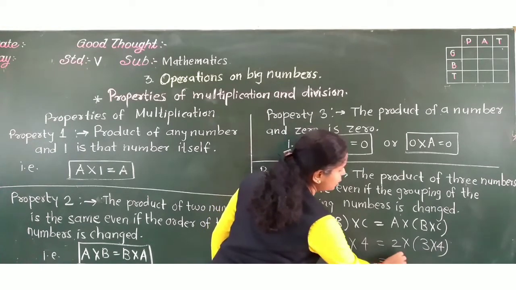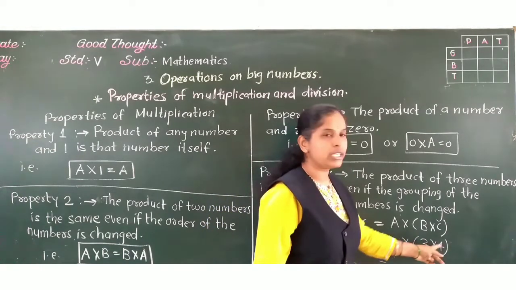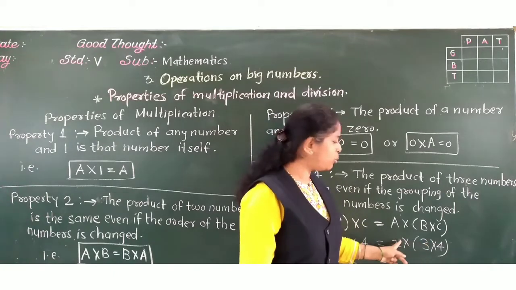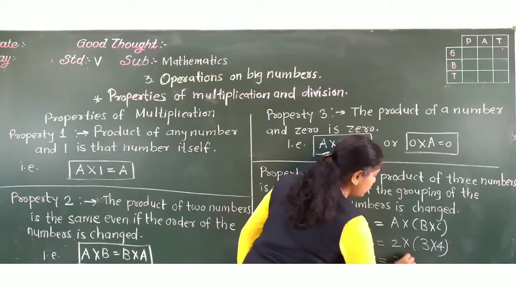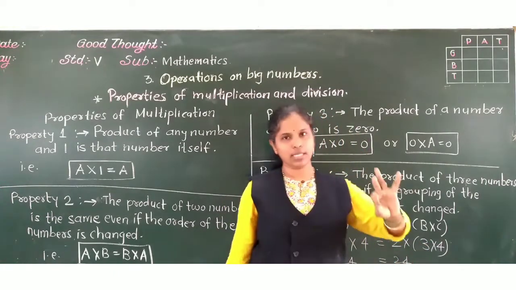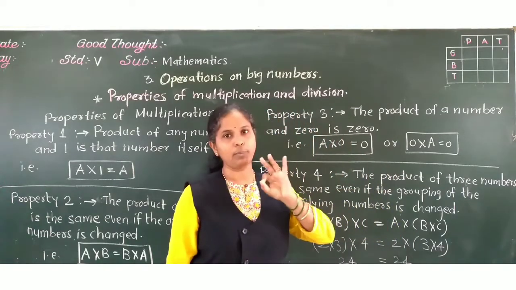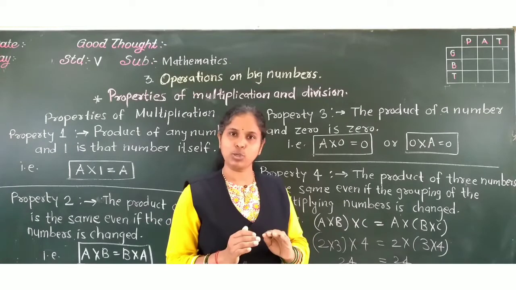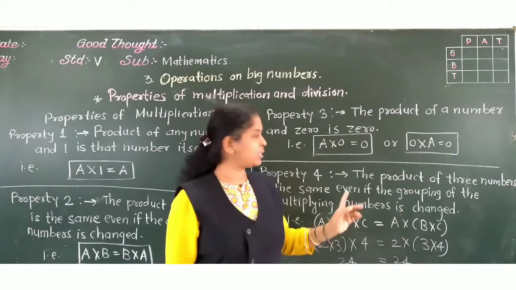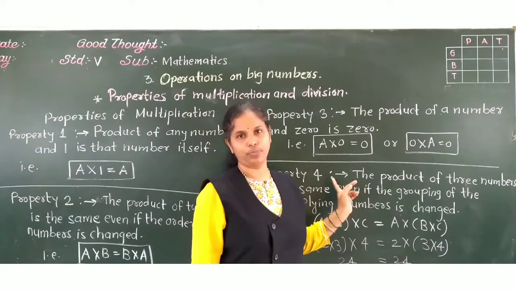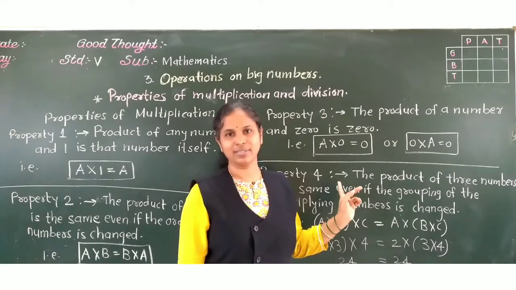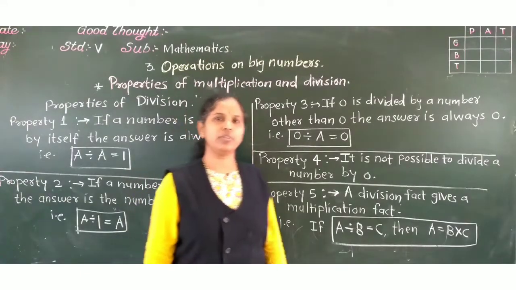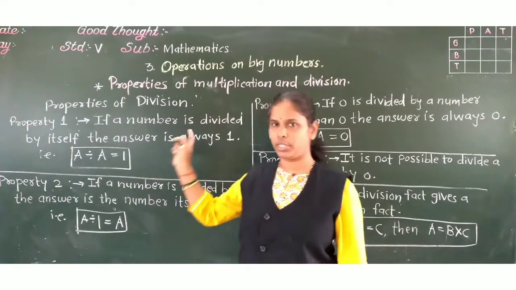Now here, 2 into 4, 3s are 12 and 12 2s are 24 only. That means if three numbers are there and we take their product, after changing their groups we also get the same answer. That is property 4. Okay, understand, students? Now we will learn properties of division.